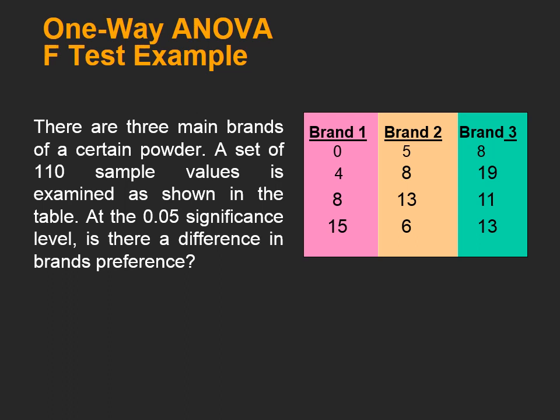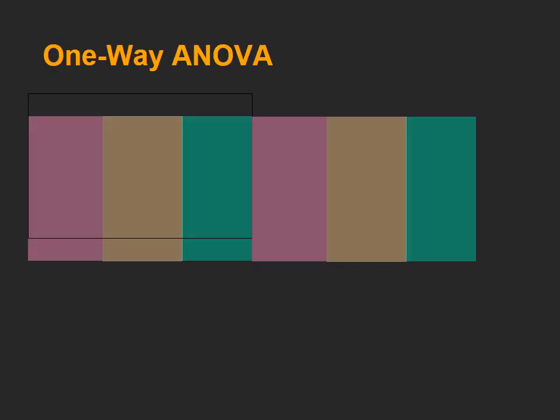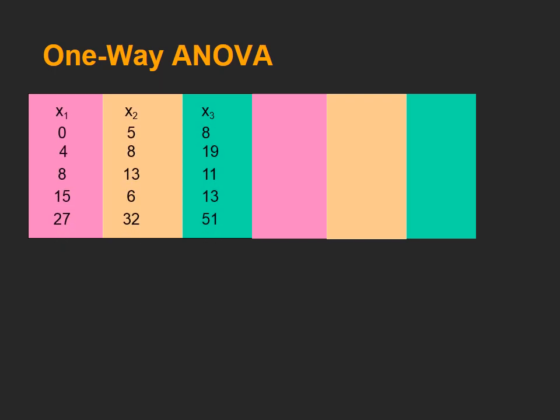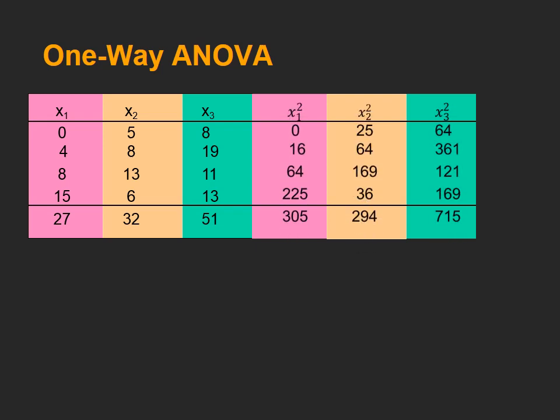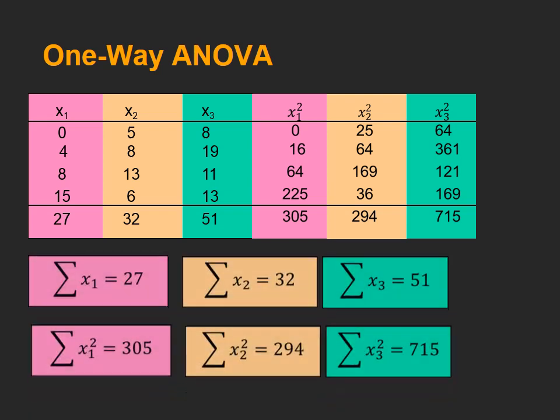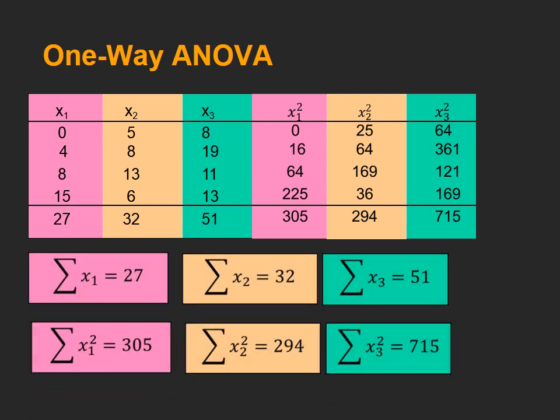First, we calculate the values. The values are listed in the columns, and each value is squared, and then we add the sums. On adding, we get summation x1 27, summation x2 32, summation x3 51.